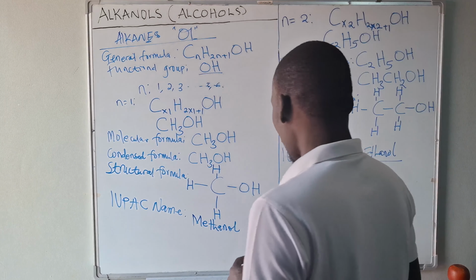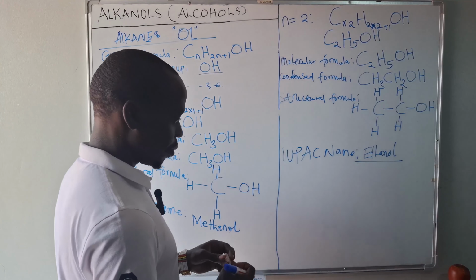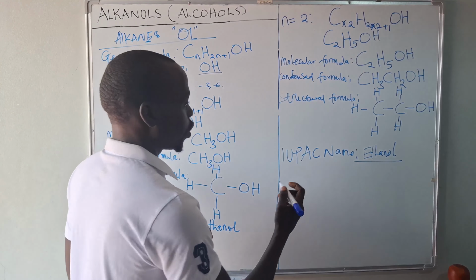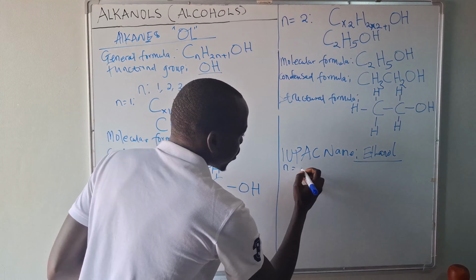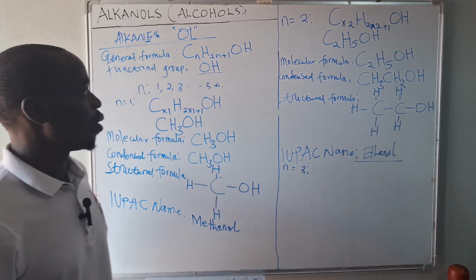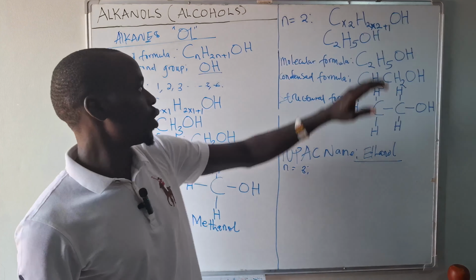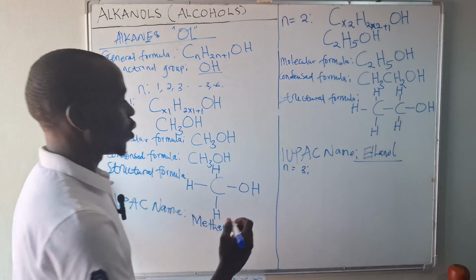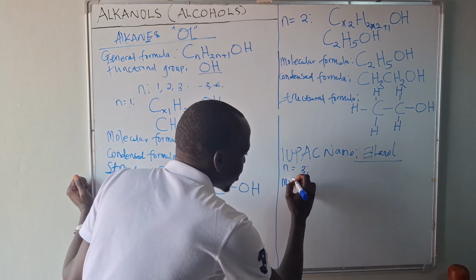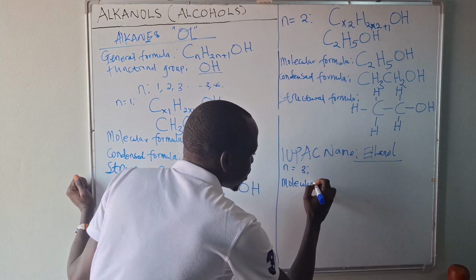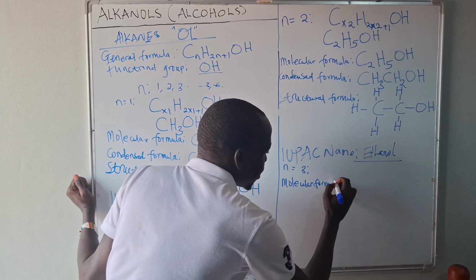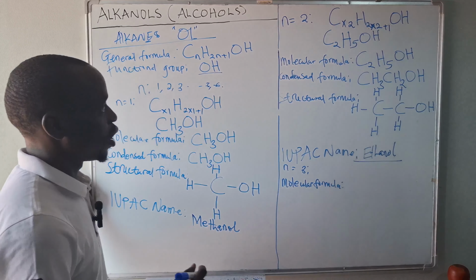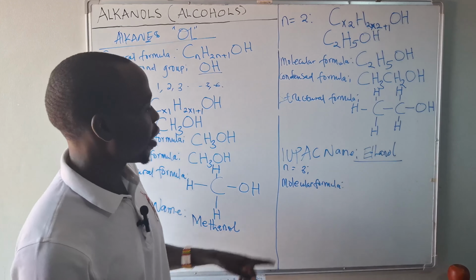Now let's look at what if we are given the carbon atom n equal to 3. You'll now be in a position to substitute, and when you substitute, you'll get the molecular formula. What if I put 3 here?